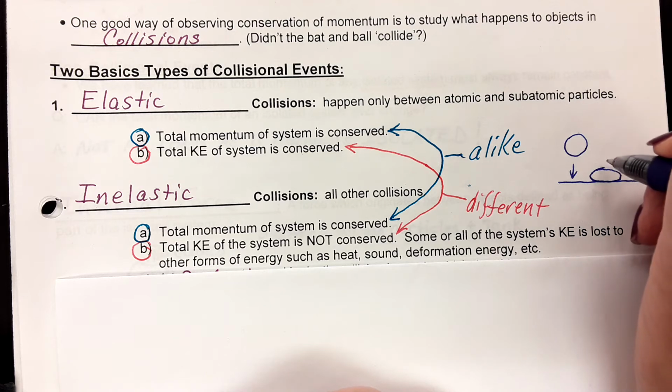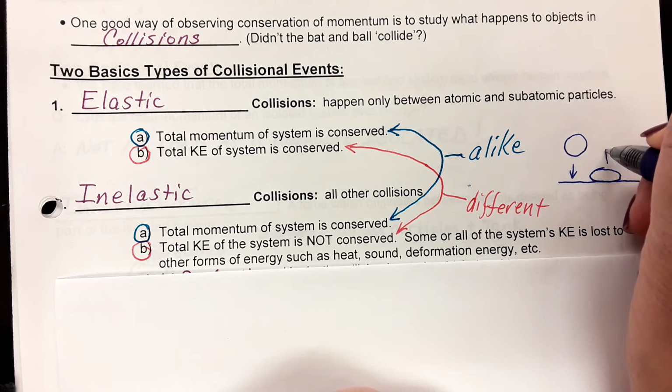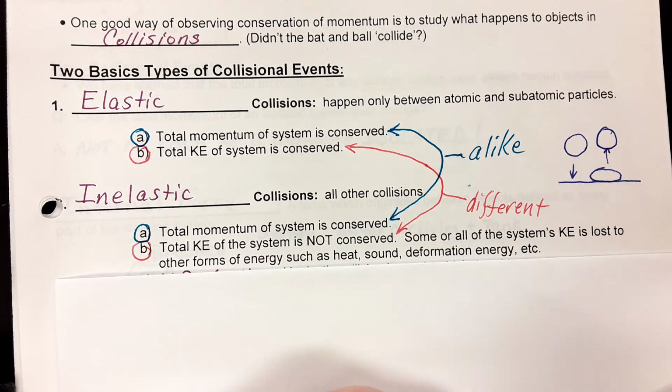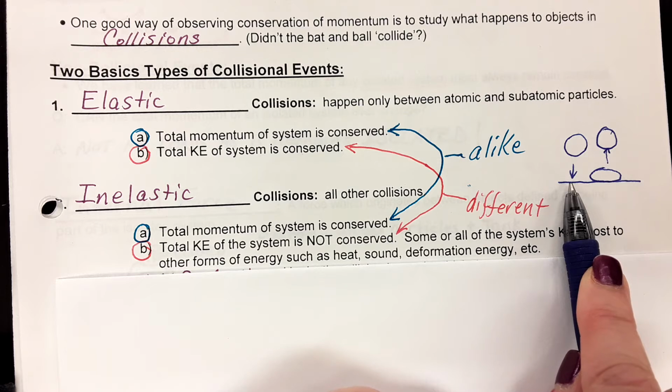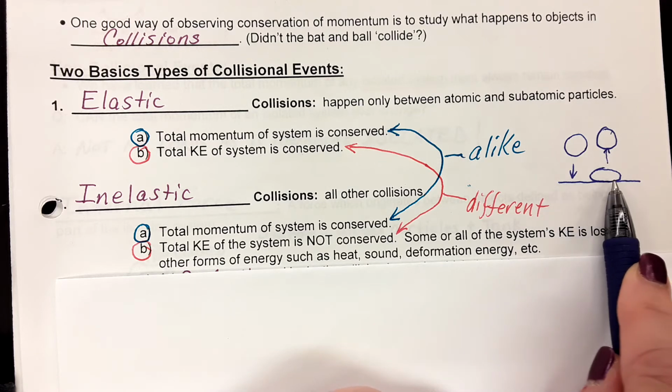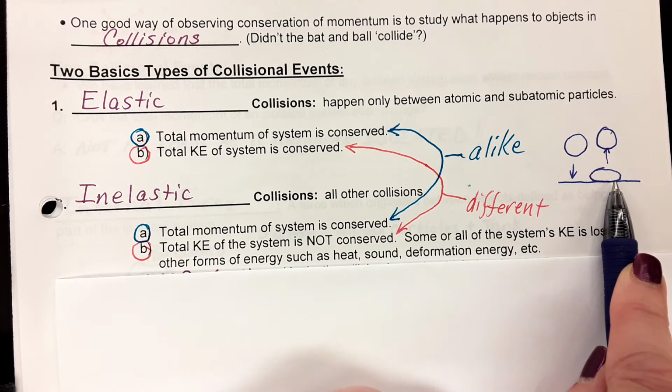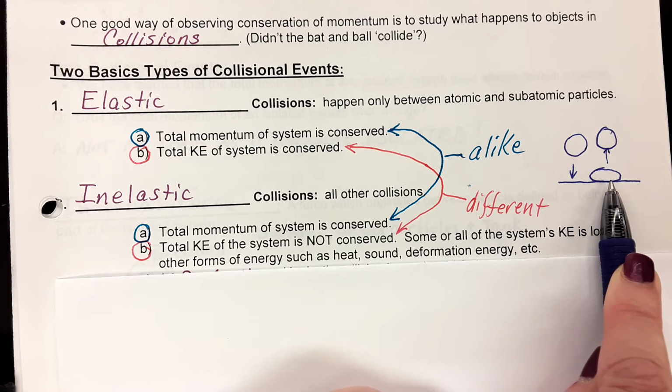And then as it comes back up off the floor, it reforms. And that takes energy, kinetic energy. So the kinetic energy before it hits the floor will not be the same as it comes up off the floor, because some of that kinetic energy will have been converted to deforming the object. We call that deformation energy.